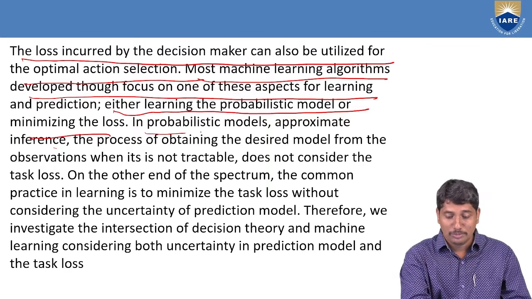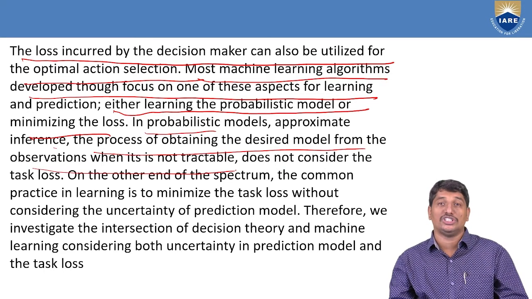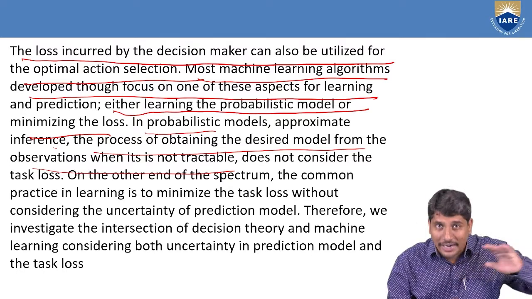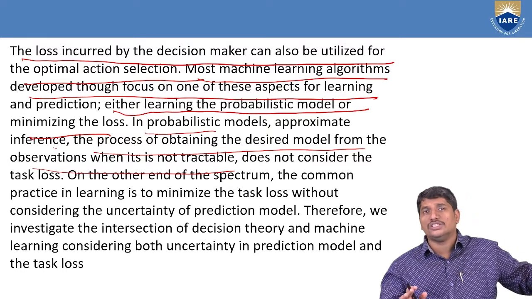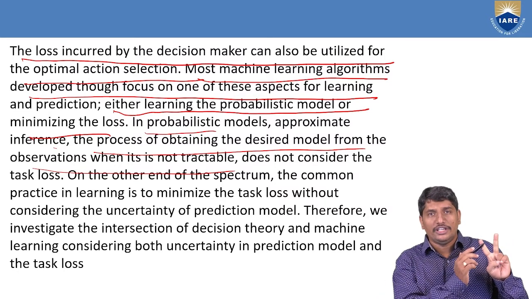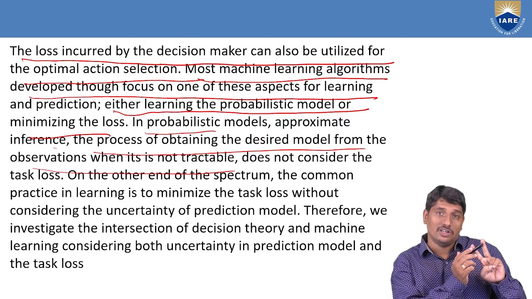In probabilistic models, the process of obtaining the desired model from the observations, when it is not tractable, does not consider the task of loss. So, while we focus on one side more, we have to compromise on the other side. The first side is to fit the probabilistic model with maximum accuracy. The second is to minimize the loss.